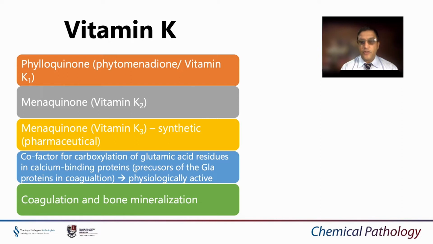A special set of proteins called GLA proteins are important in coagulation reactions as well as in bone mineralization reactions. In other words, the precursor protein becomes an active GLA protein only when it is carboxylated, and vitamin K is important for this reaction.